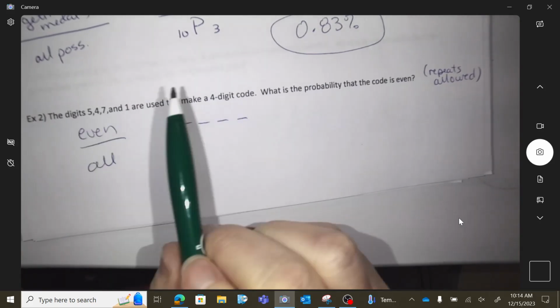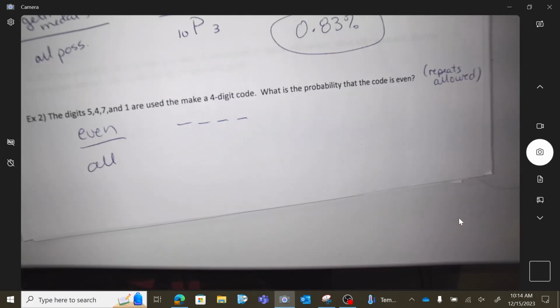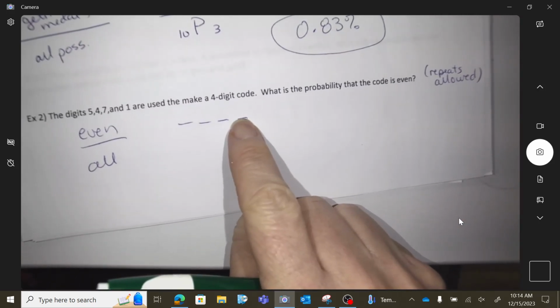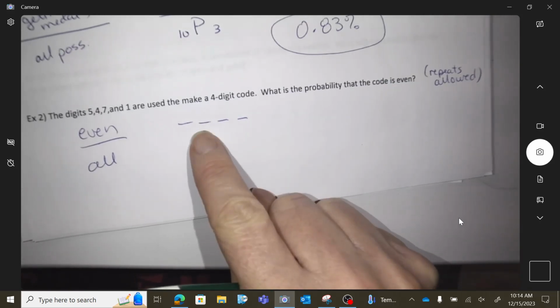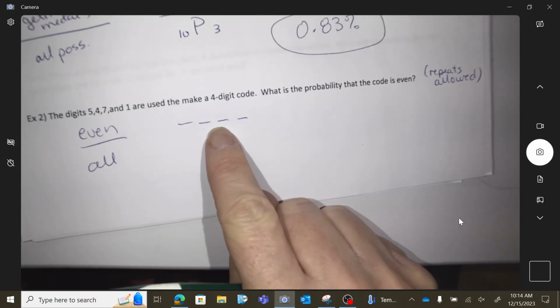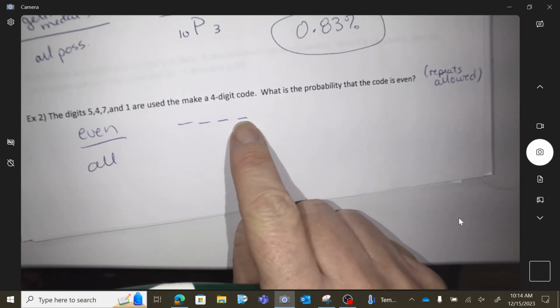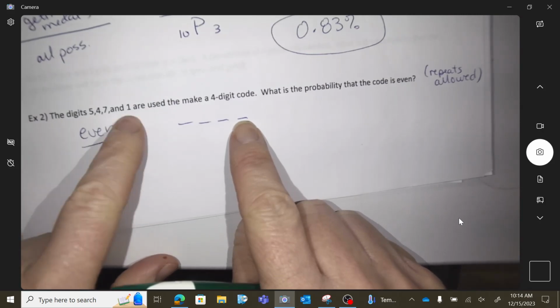Okay, how do you make something even? What do you know about numbers being even? It has to just end in the even. That's it. Some of you on your test thought you needed to put even numbers in every single position. For a number to be even, you only care about the last thing. So go to here. What could you do here? What are my options?